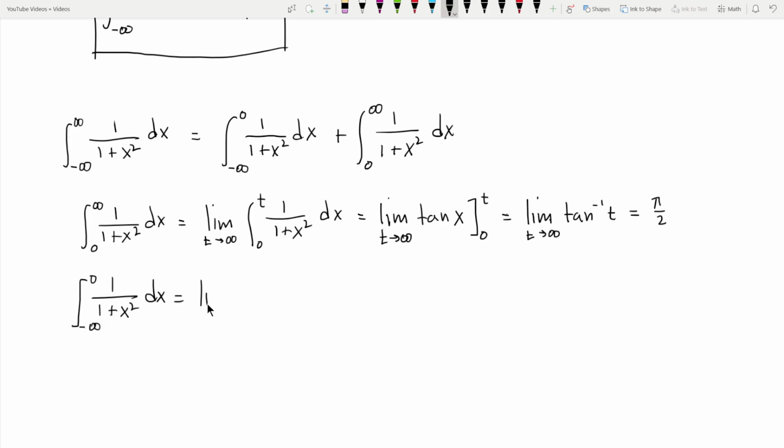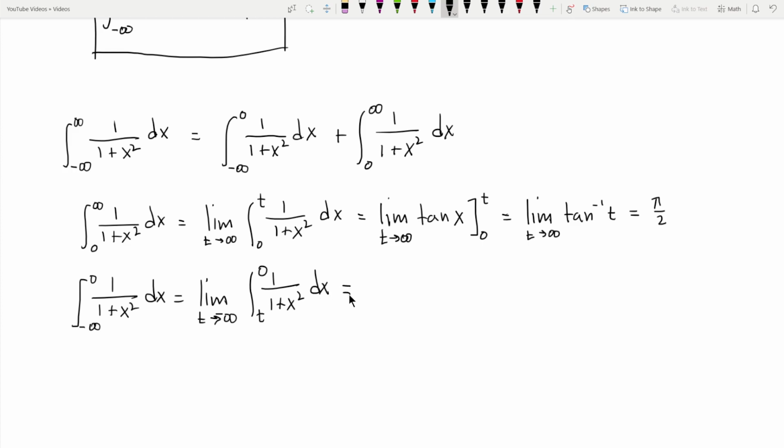So that's going to be the limit as t goes to negative infinity of the integral from t to 0 of 1 over 1 plus x squared dx.